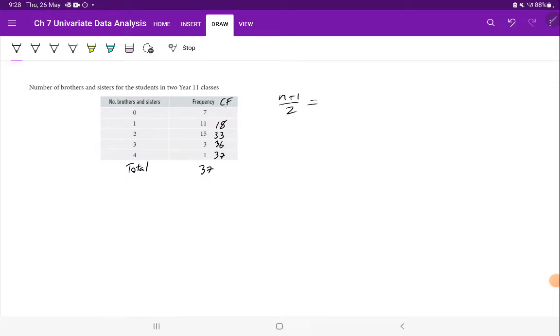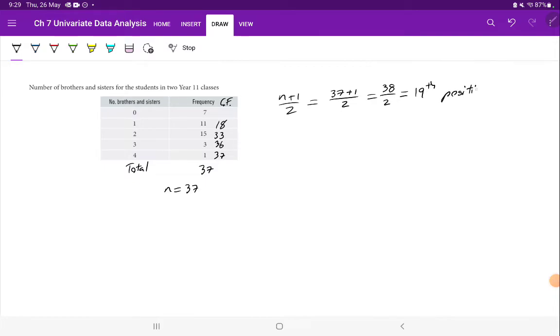It's a useful number to work out often when doing this sort of thing. Now, you could have just added up all the numbers directly, but you'll see why it might be a little bit easier after that. So n equals 37. So 37 plus 1 over 2 equals 38 over 2, which equals 19th position.